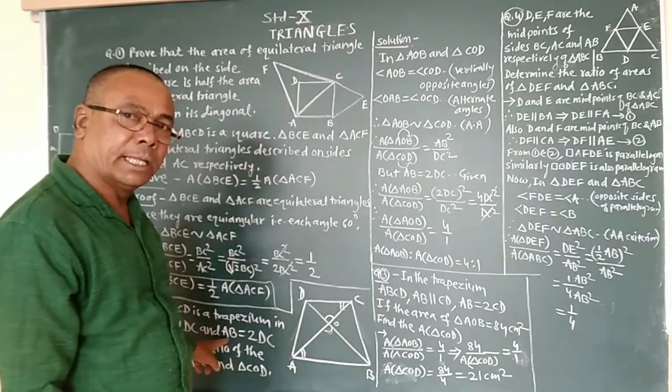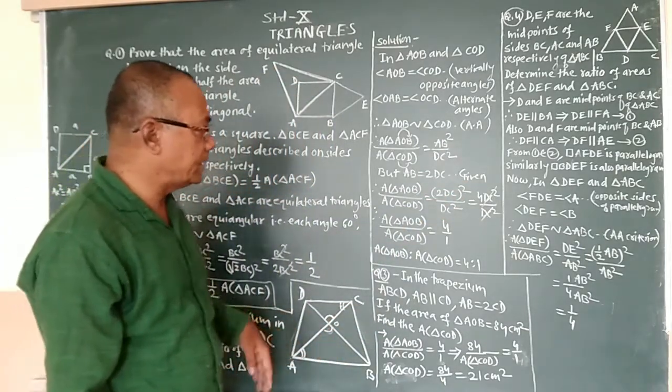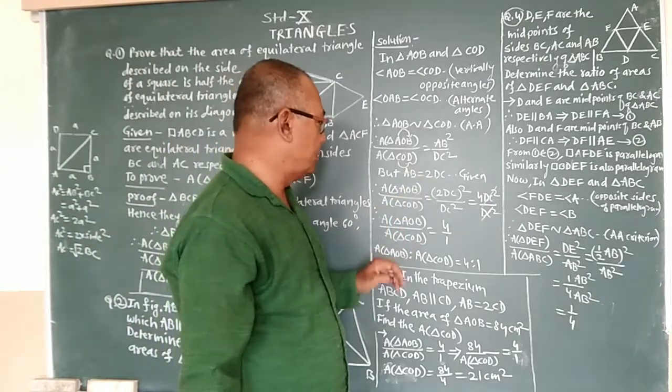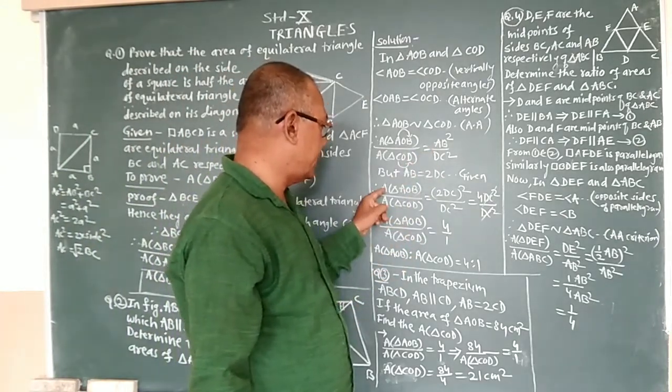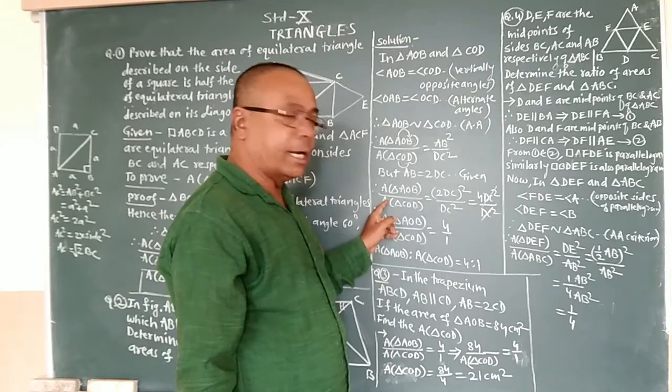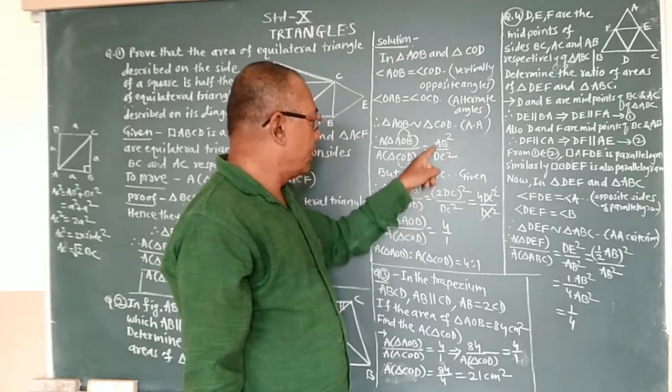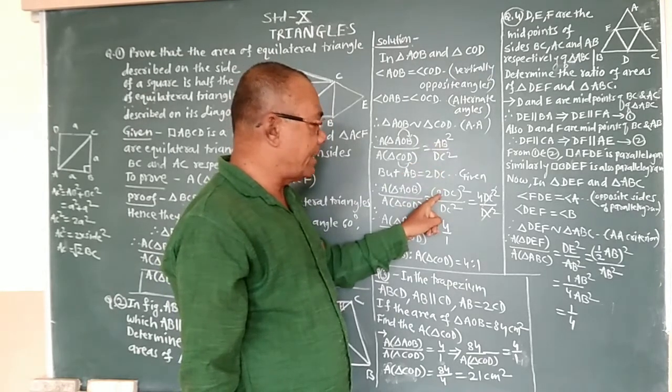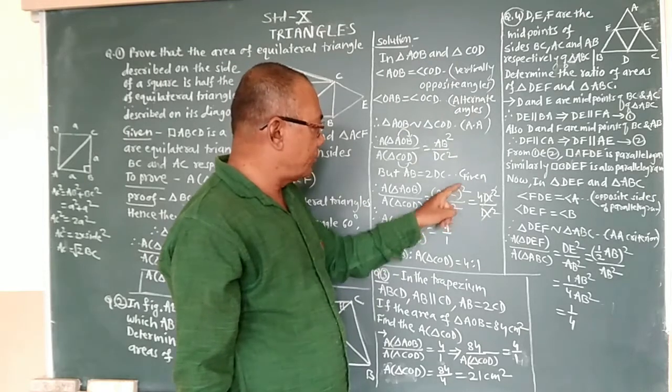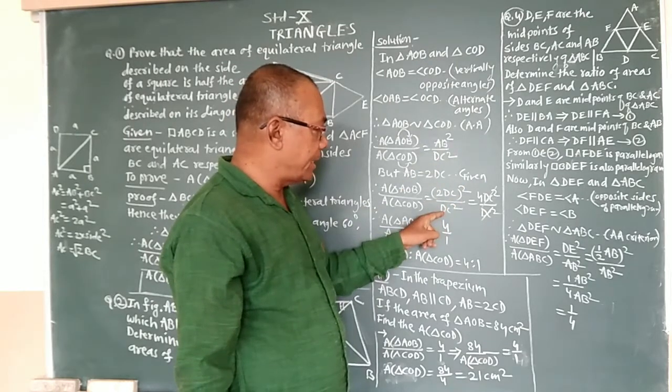Now we will substitute the value of AB, that is area of triangle AOB upon area of triangle COD is equal to, instead of AB we will write (2DC) square divided by DC square as it is.